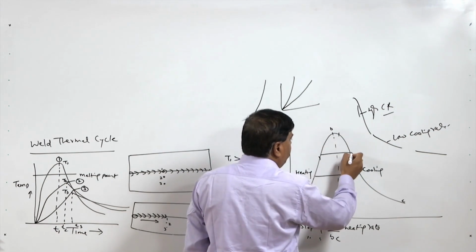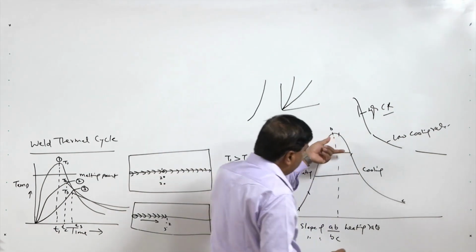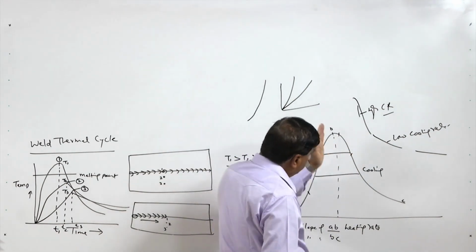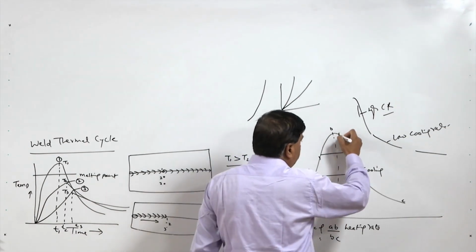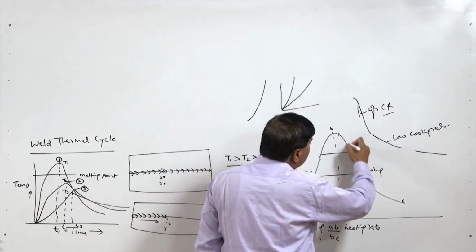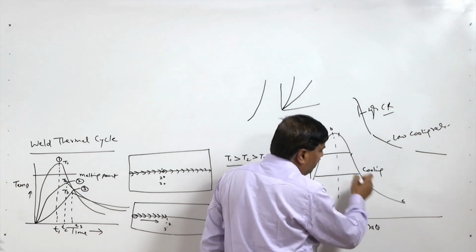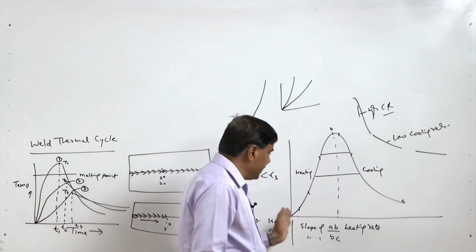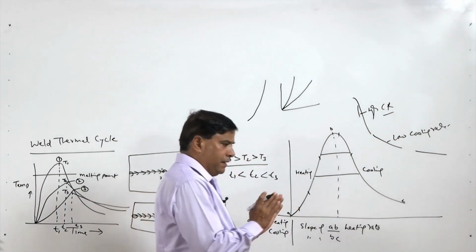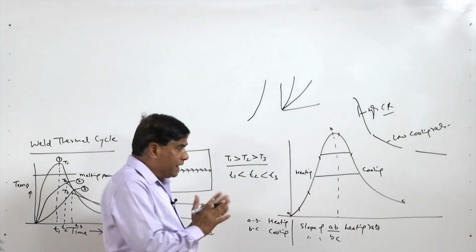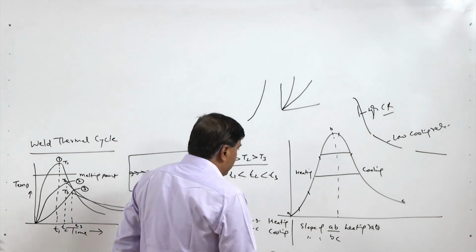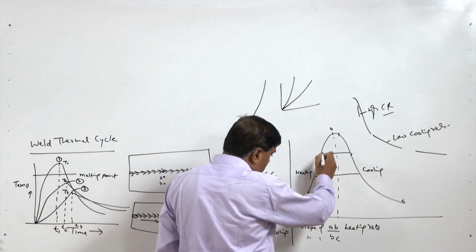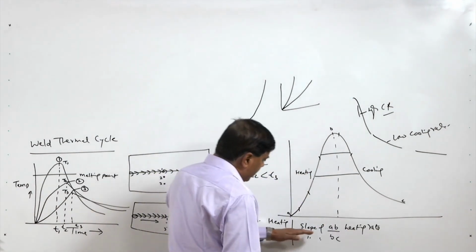Similarly, between any time period in the cooling phase, between these two time values the cooling rate is too high, then it keeps on decreasing. So the heating as well as the cooling rate in the course of welding at a particular point keeps on changing. That is what we can see from the slope of this curve.